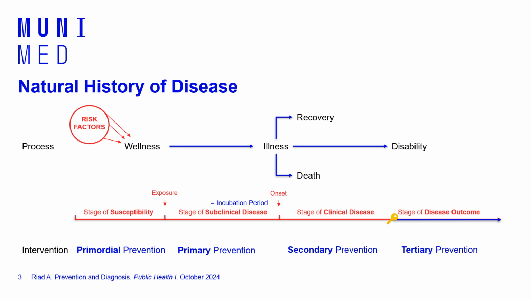Clinical treatments will focus more on the short-term outcomes, which are the immediate outcomes or the acute outcomes of illness. However, tertiary prevention will focus more on rehabilitation or the long-term outcomes of illness and make it probably more favorable for humans and their survival. Okay, so these are the four levels of prevention: primordial, primary, secondary, and tertiary.